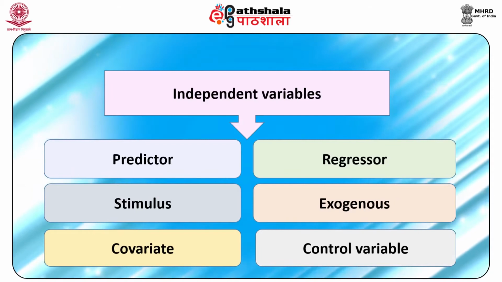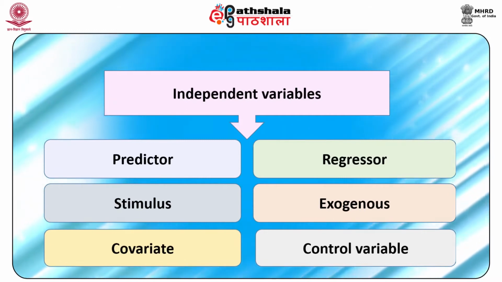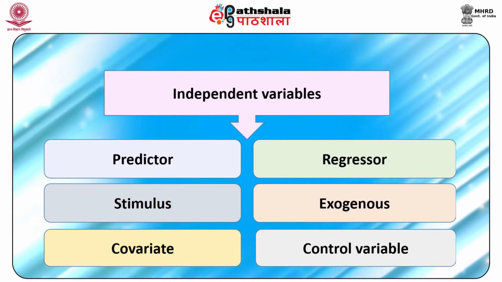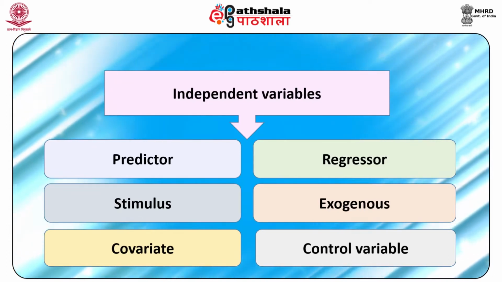Similarly, independent variables are also known by different terminologies. They are also known as predictor, regressor, stimulus, exogenous variable, covariate, control variable, and so on. Though the use of terminology is a personal choice, we will simply use dependent and independent or explanatory variables in this particular lesson.